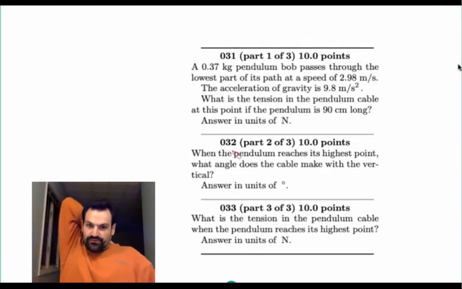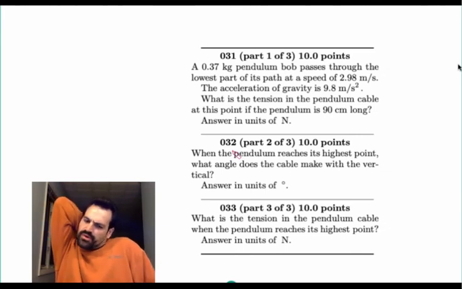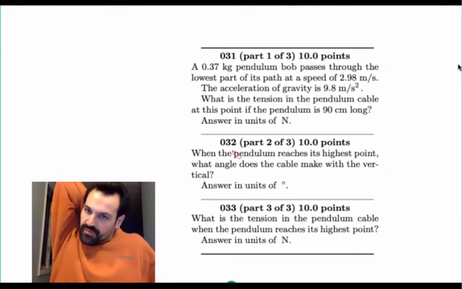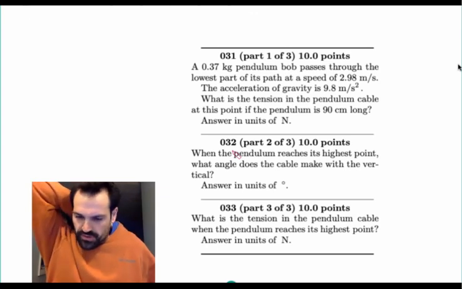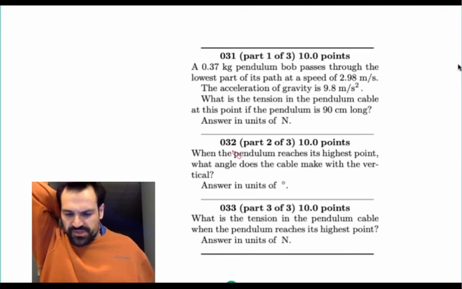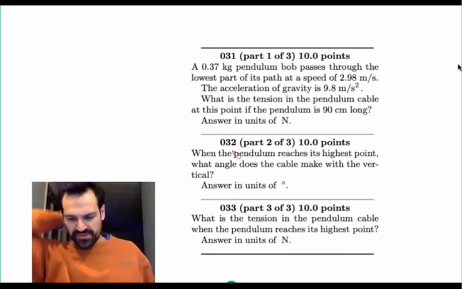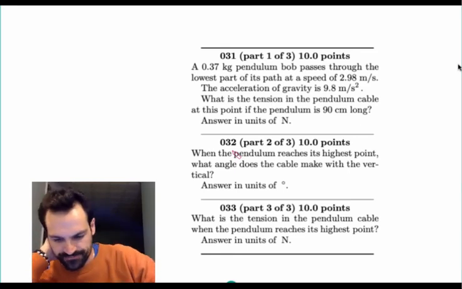All right, 4 problems left if I'm not mistaken, maybe 5. A 0.37 kilogram pendulum bob passes through the lowest part of its path at a speed of v. The acceleration is v. What is the tension in the pendulum if the pendulum is 90 centimeters long?